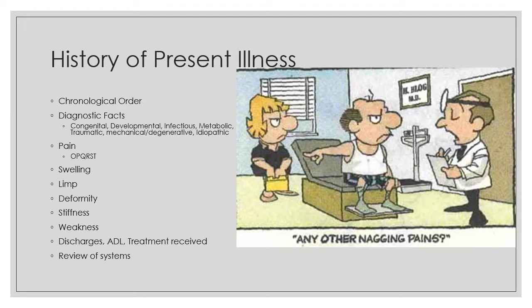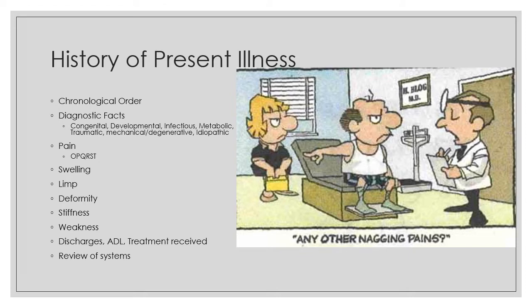For the history of present illness, some diagnostic facts should be enumerated in a chronological order as much as possible because we can consider if it's either congenital, developmental, infectious, metabolic, traumatic, mechanical, or degenerative, or idiopathic in nature.